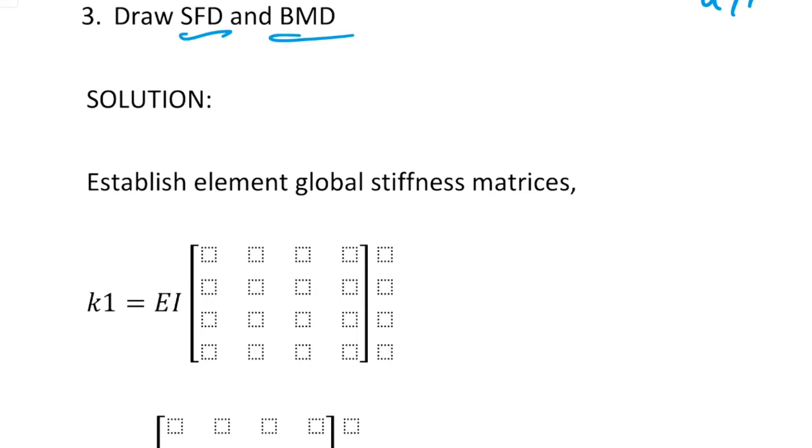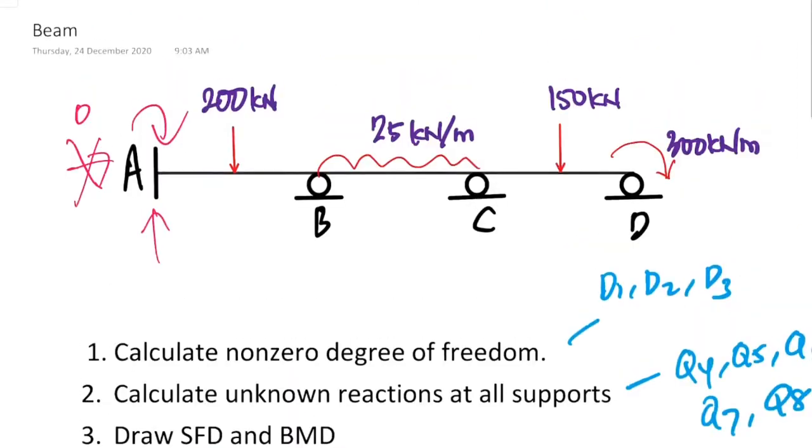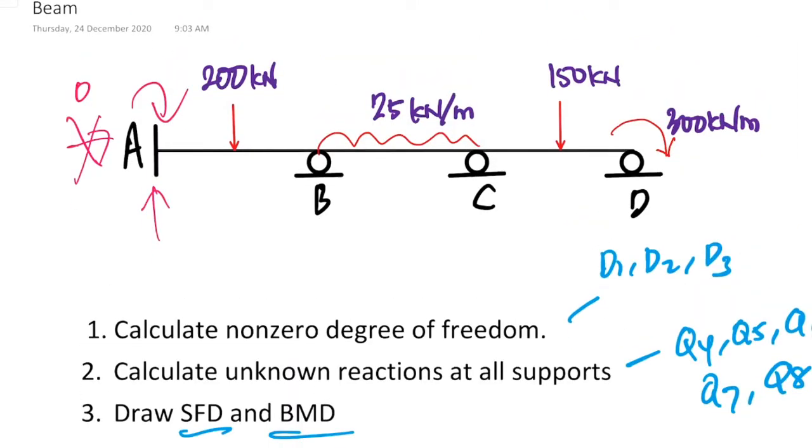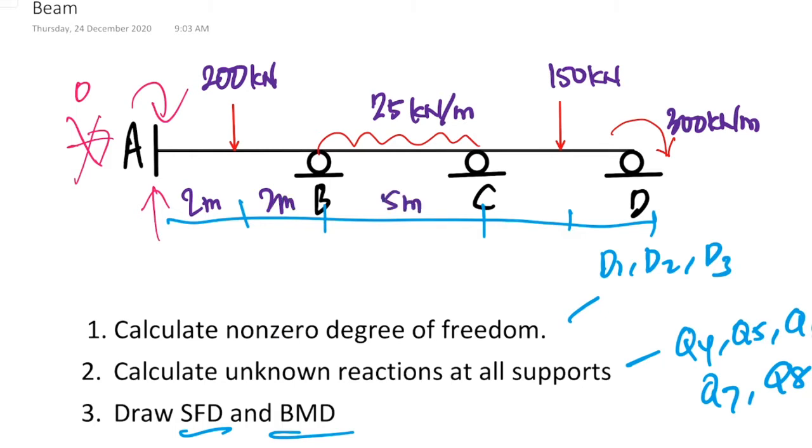Let's say this is this one. This is 2 meter, 2 meter, 5 meter.